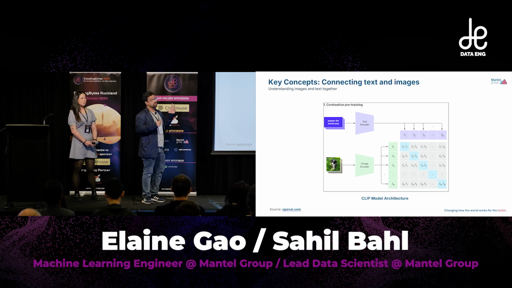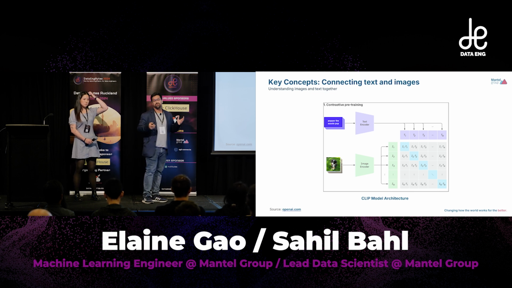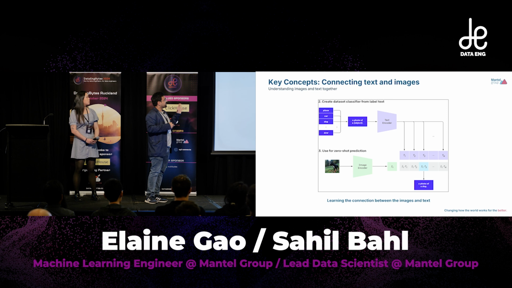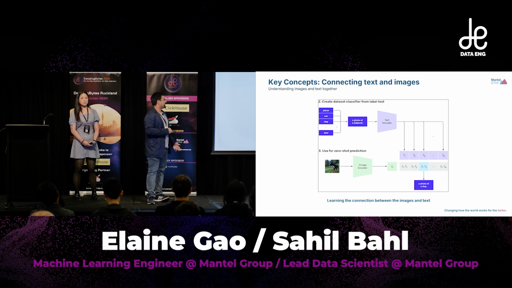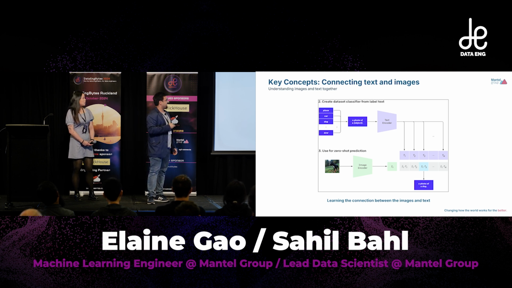And then the question is, how do you combine them, or how do you learn this sort of representation together? So what we can essentially do is we can take heaps of images, and then we can take a text data set to try and learn what this representation is.